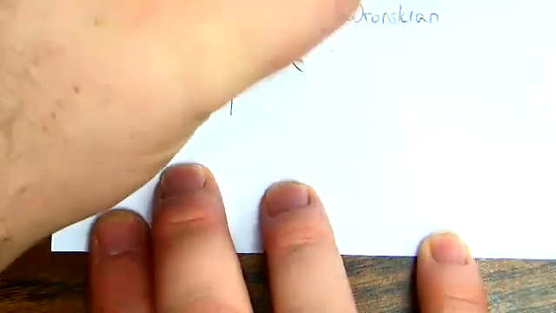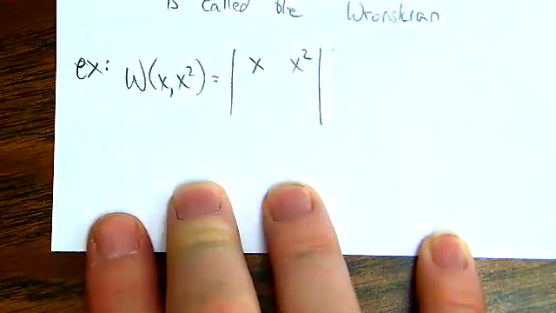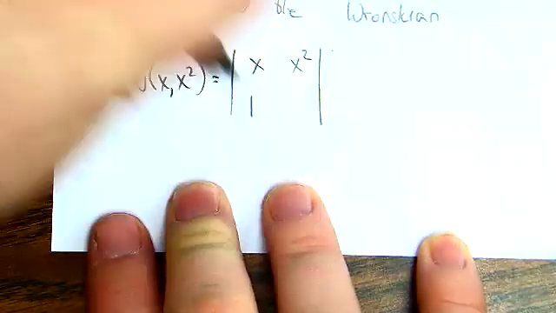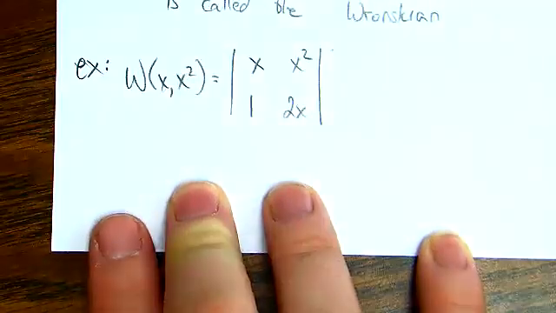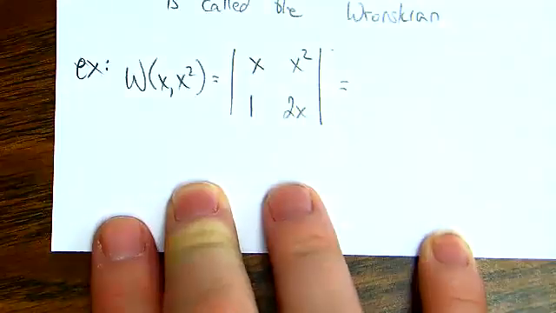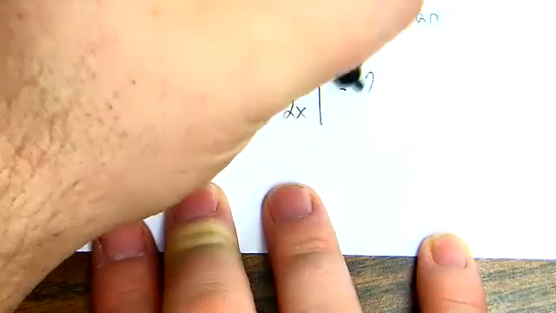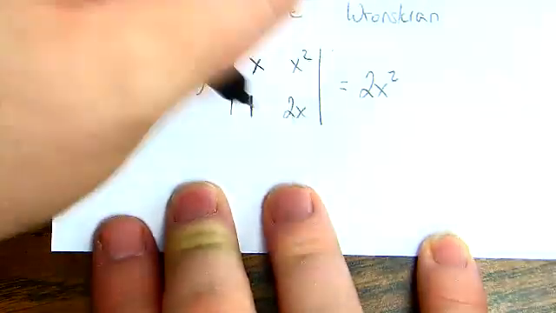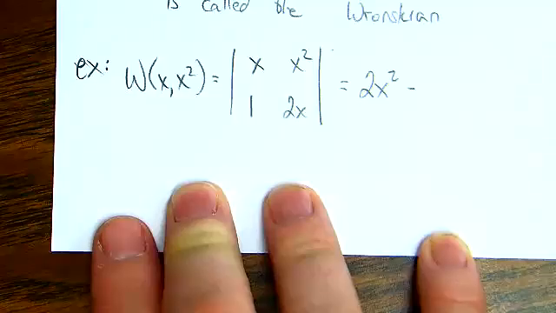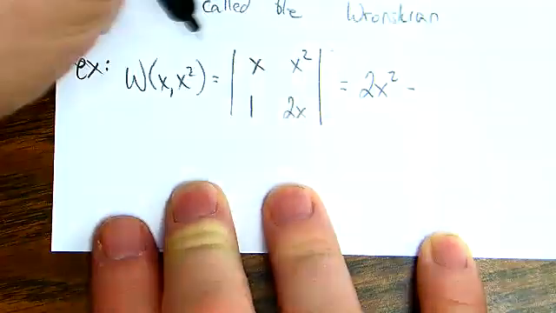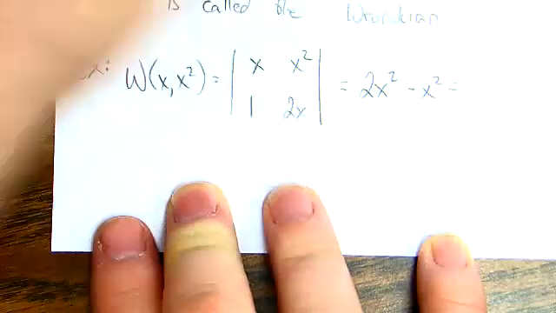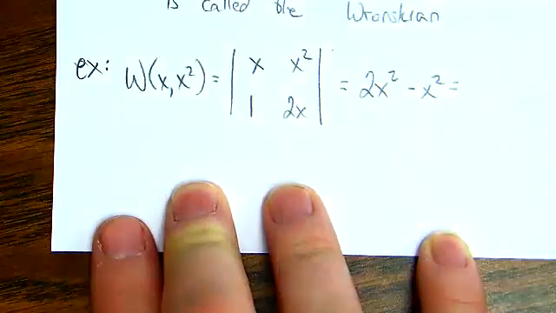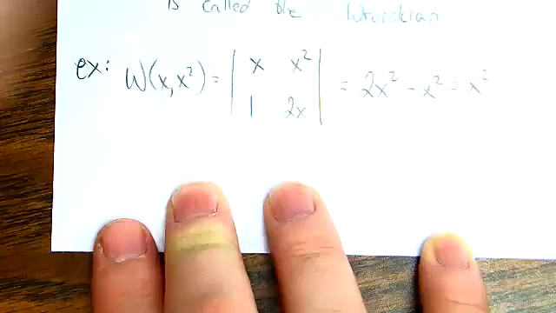this is x, x squared, and then the derivative of x is 1, the derivative of x squared is 2x. And when I multiply these together, I get 2x squared minus x squared, which is just x squared.